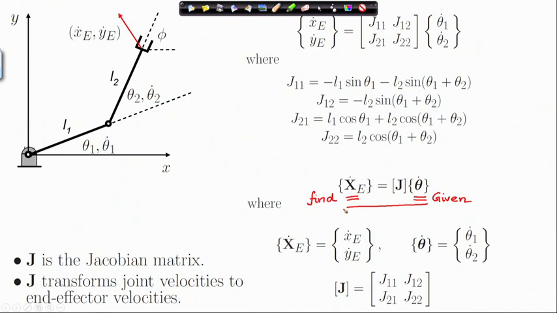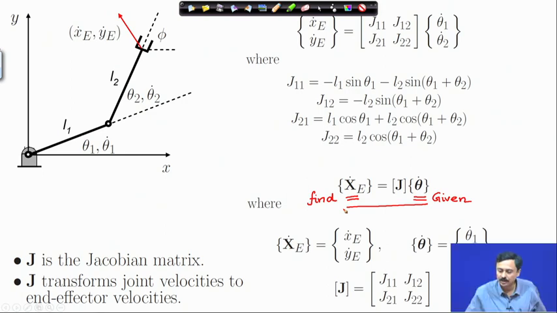You can determine the end effector velocity vector. Now, I am asking the reverse question: given the end effector velocity, how to find out the joint velocity vector? So, that will be the inverse kinematics problem.